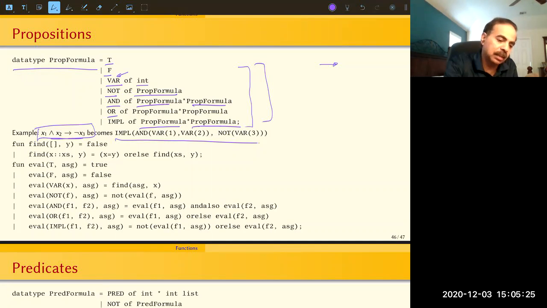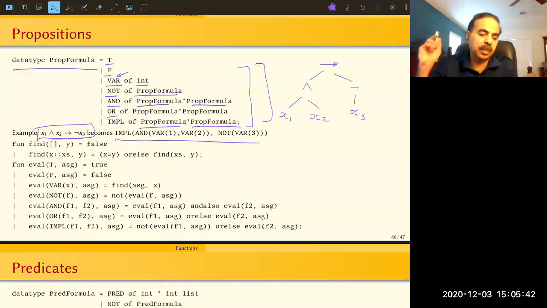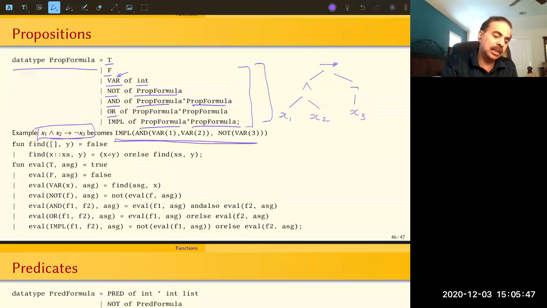The outermost symbol is an implication, and that has two children. On the left hand side, there is a conjunction, then there is x1, x2. On the right hand side, there is a negation. So we can express this as a tree. And now it's the same tree that we are representing in ML using this data type, where once again, you can see that I have implication at the outermost level.